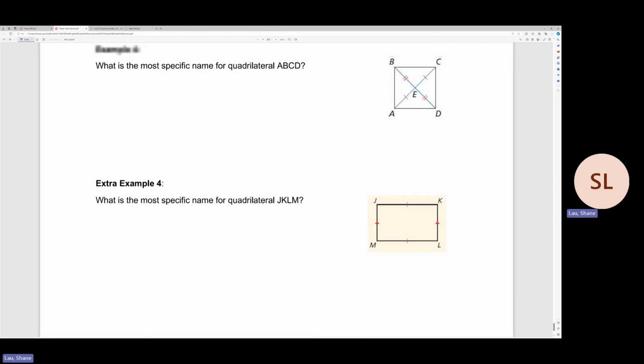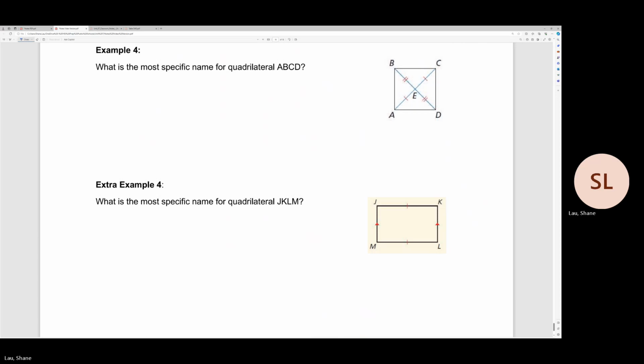This problem doesn't tell me anything about my actual side lengths. It only tells me about diagonals. So I have to figure out what diagonals look like those. It looks like BE and ED are bisected, like that segment BD is bisected, and it also looks like AC is bisected.